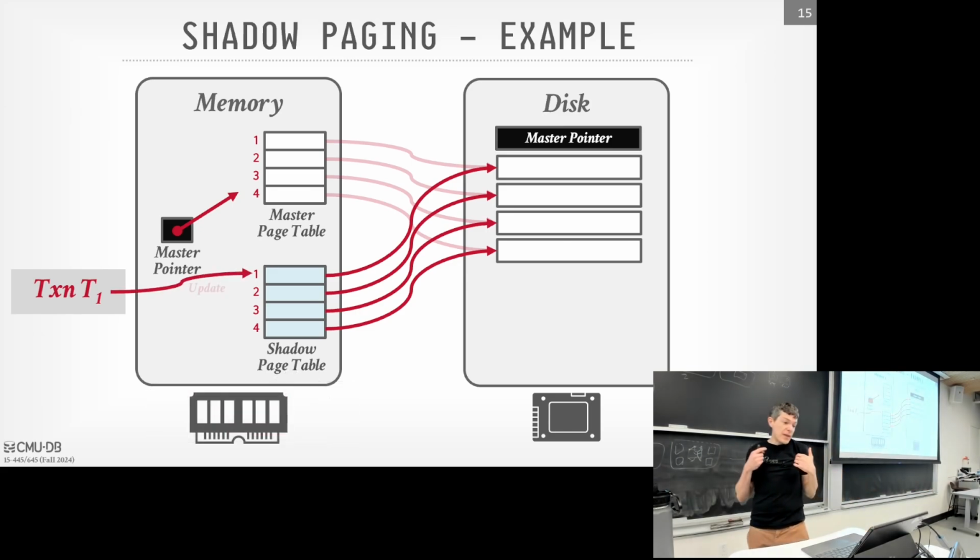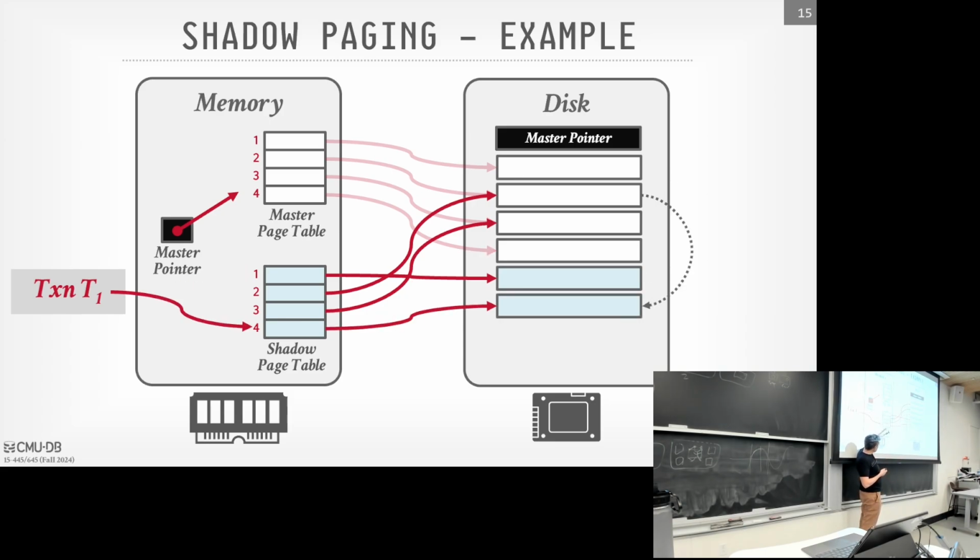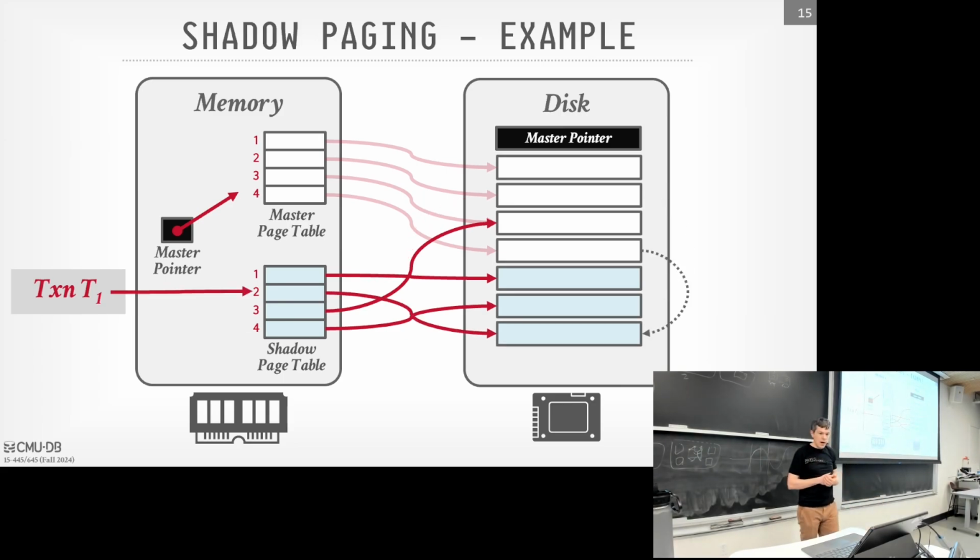But then now, if the transaction modifies a page, the first time that it tries to modify a page, like page 1, we're going to make a copy of the page on disk in our buffer pool, and write our change to that, and we do this for all the other changes. So we're just basically replacing the links in our page table to copies of pages for this particular transaction.